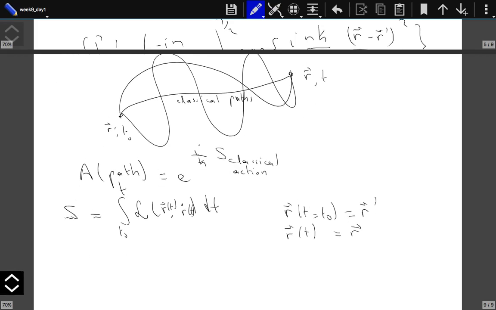Now, of course, the total amplitude for the particle to go from the initial position to the final position will be just the sum over all paths of e to the power i over h bar S corresponding to that path.